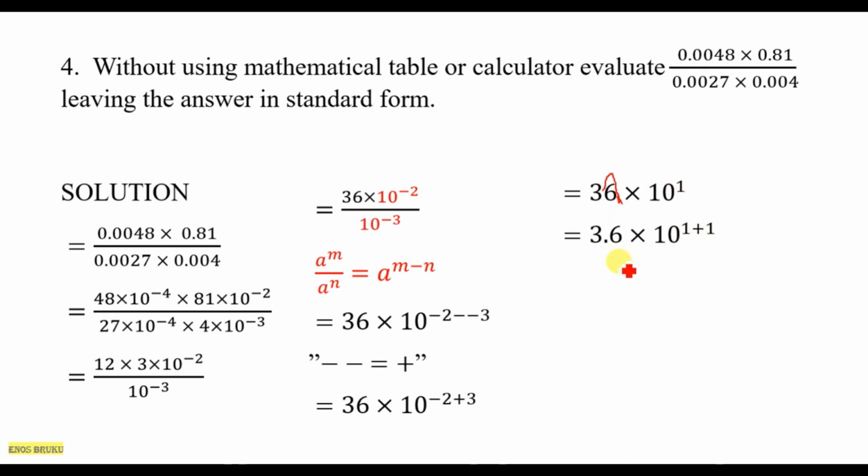So we are going to have 3.6 times 10 exponent 2, and this is our final answer, and it is in standard form. So you can see that these numerous numbers over here, we've been able to reduce into a number that we can easily work with.